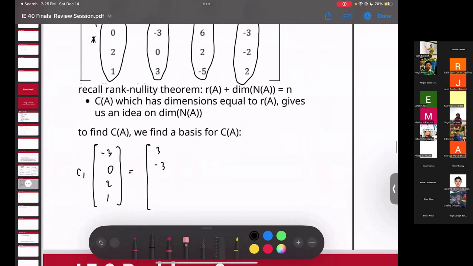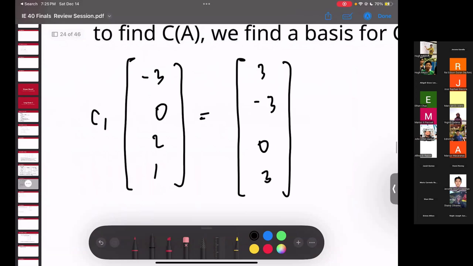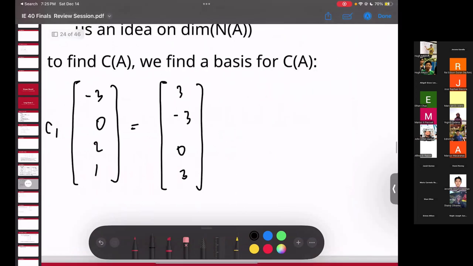In this case, this is just a matter of visual inspection. Whatever C1 you think about, let's just do the solution. For any C1 in R, whatever number you put for C1, this cannot be equal.